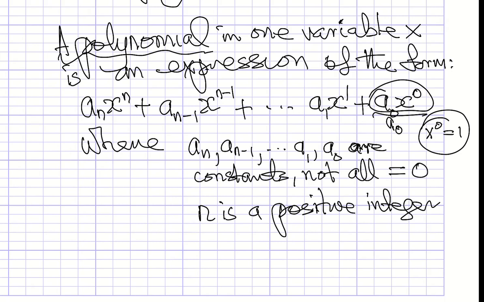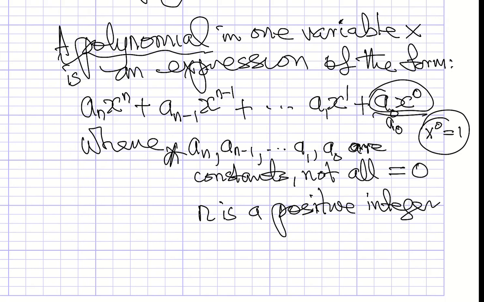Basically what they're saying there is that each a is a constant. Where a_n, a_(n-1), and so on are all constants, and not all of them can be 0, okay?